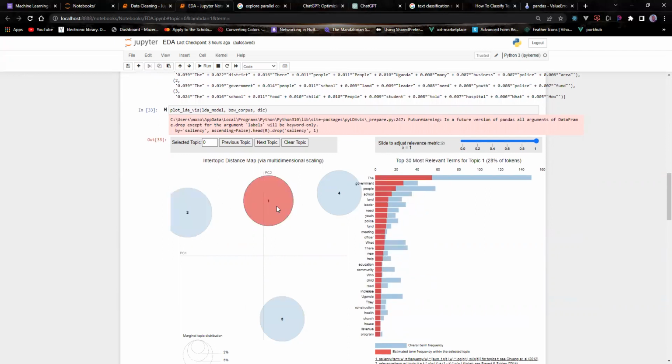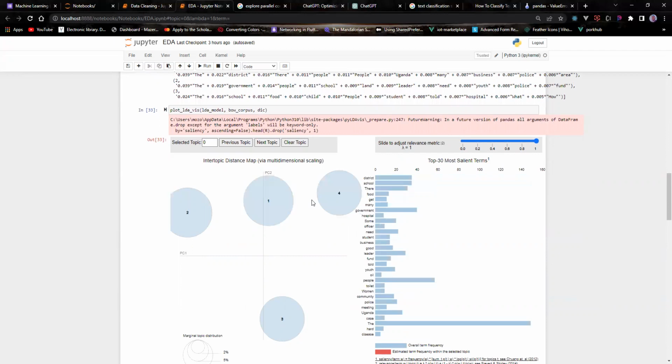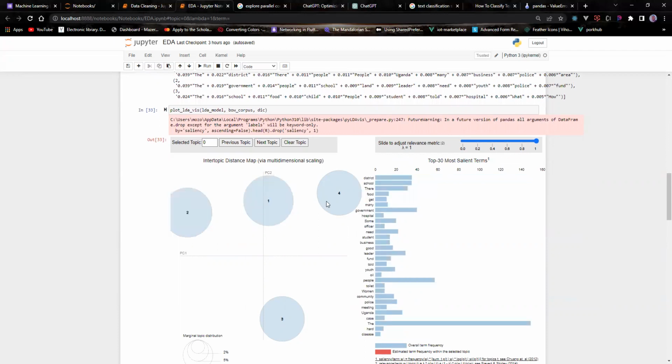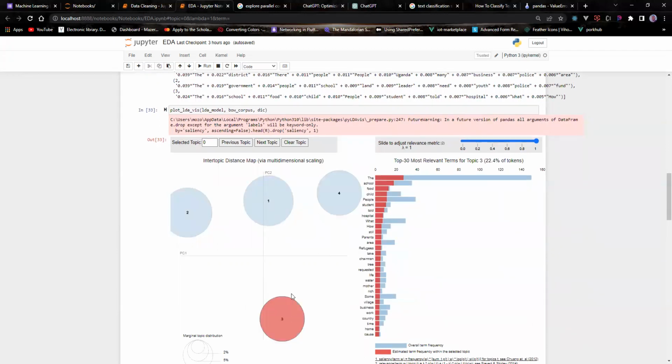According to this, 1 is closely related to 4, and then 2 is not closely related to 1. As you can see, they show you the composition of each word in each topic.